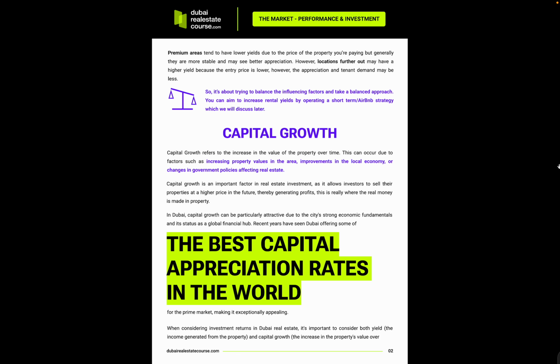So if you remember in the earlier lessons, I referred to Dubai as a volatile market. Now, what that means is effectively values go up and down quickly. But where that's an advantage for investors is if you do buy at the right time from the right developer in the right location, the right property, you can really ride the wave of the appreciation and get some phenomenal returns.